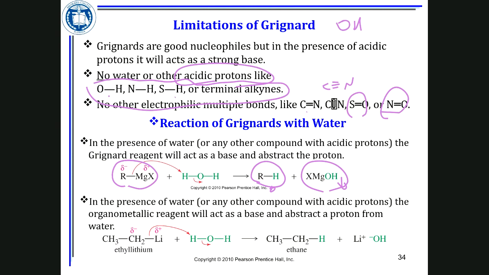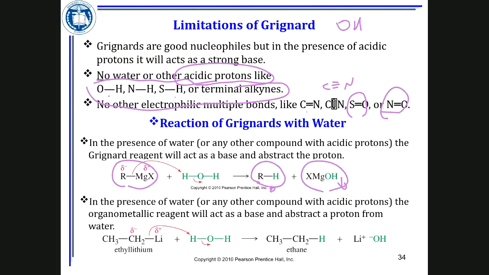So any ionizable hydrogen or acidic proton can protonate the Grignard, and if it does, it basically takes away the negative charge from the carbon. It changes to a very unreactive alkane, and your Grignard has been destroyed. What can destroy your Grignard?